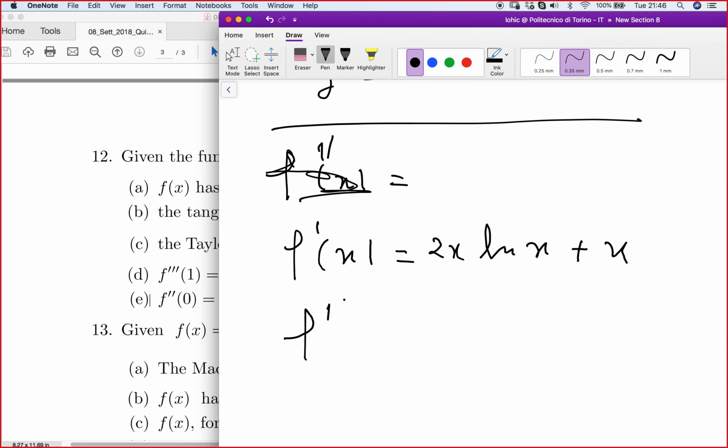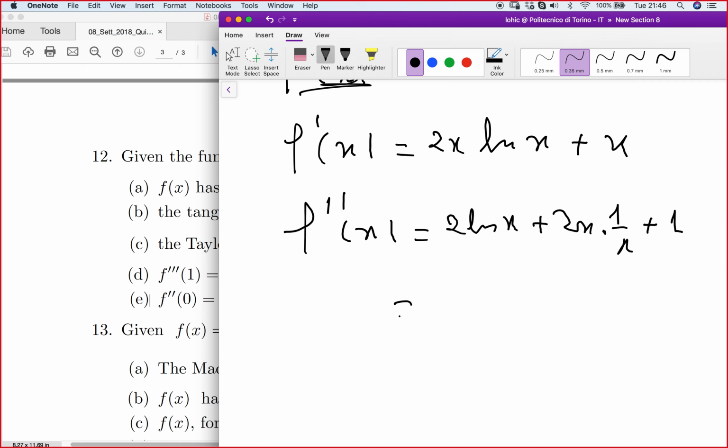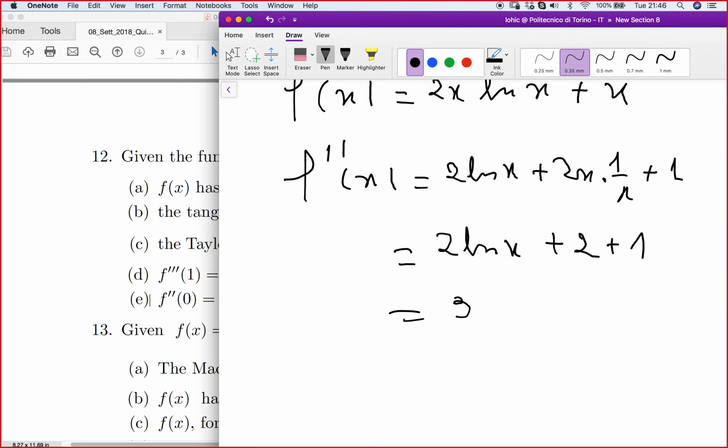So f double prime of x will be 2 ln x, plus 2x multiplied by 1 over x, plus 1. That will be equal to 2 ln x plus 2 plus 1, so equal to 2 ln x plus 3.